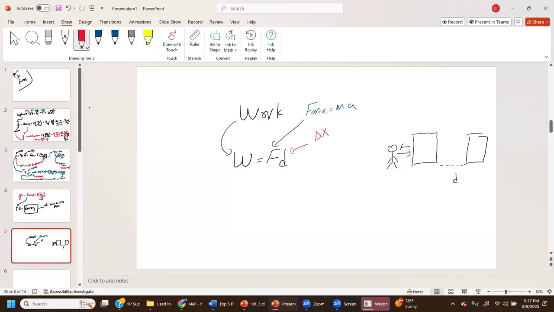So the work is defined as the applied force used on a distance. Let me just read this whole thing.